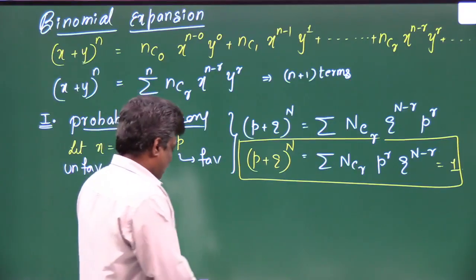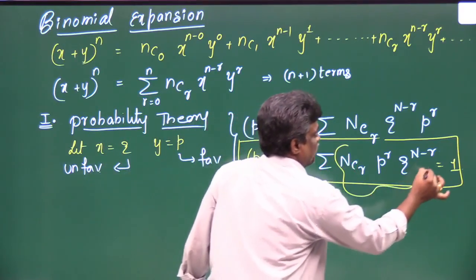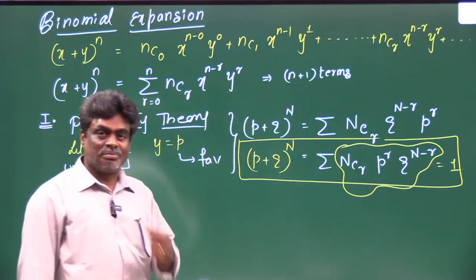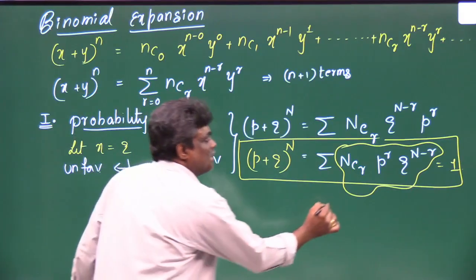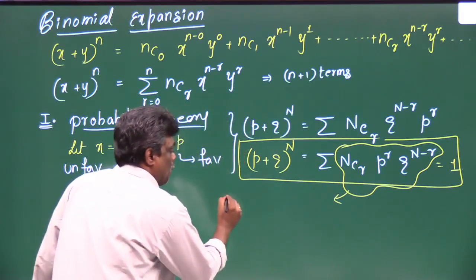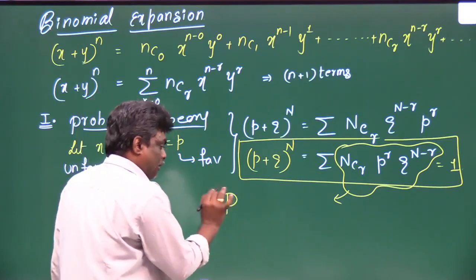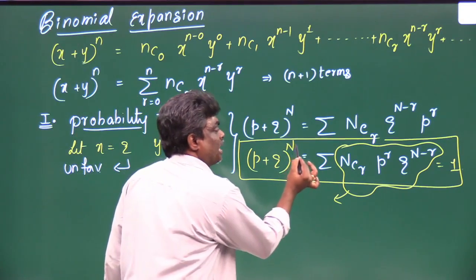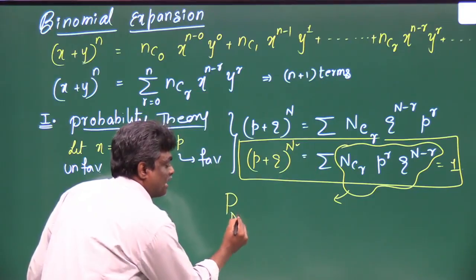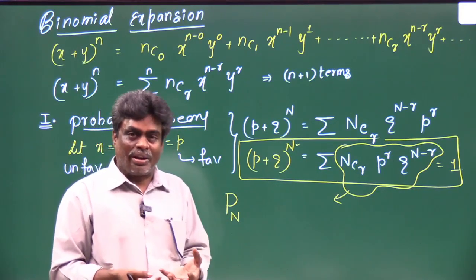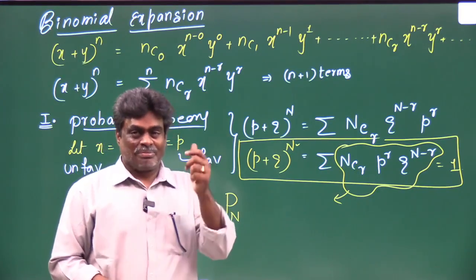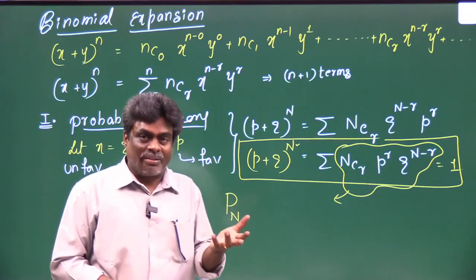Good. Now what is this term? This is very important. This term indicates the probability, and capital N is the number of trials. That means you have taken a coin and toss it 5 times, so N is equal to 5.